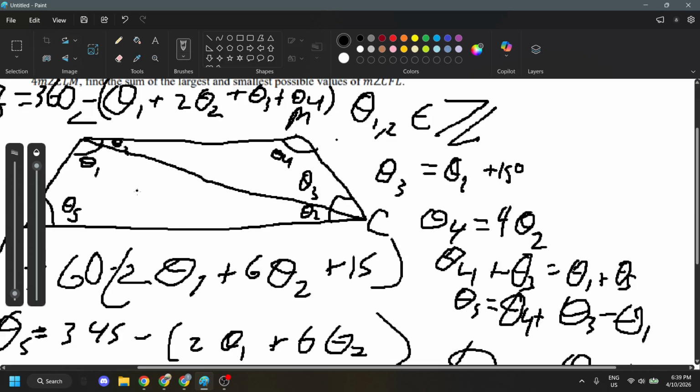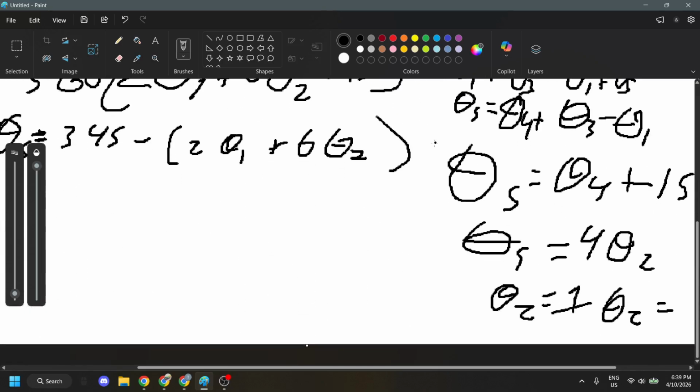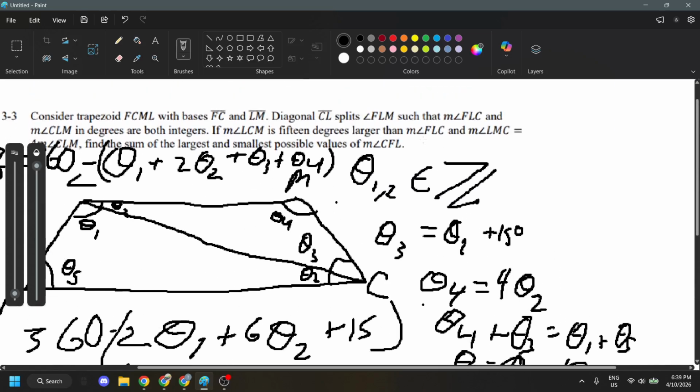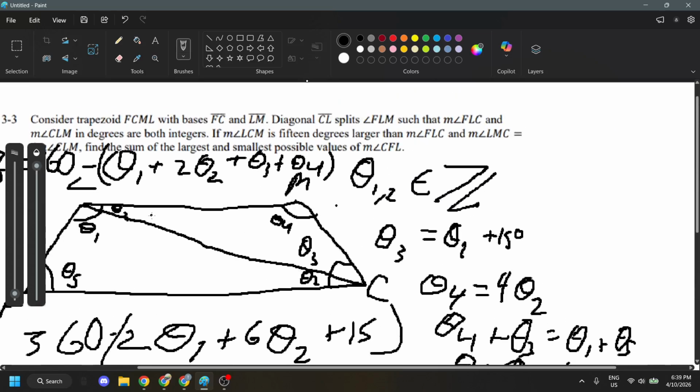So if I choose 2, first thing that we do is we get 5. So if we make this 1, this becomes 4.